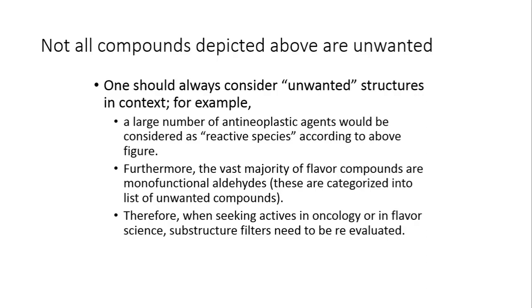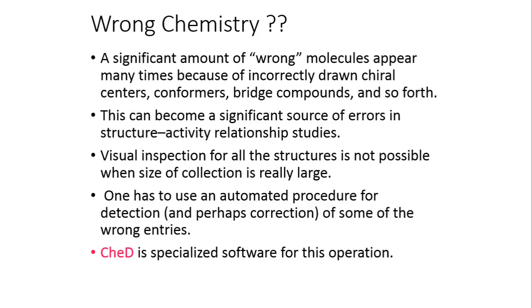So when seeking activities in oncology, you might want to revisit your definition of unwanted functional groups. You might want to include some of these functional groups. So this unwanted stuff is supposed to be considered in context to the objective of your compound library. Okay, this is what I want to say.